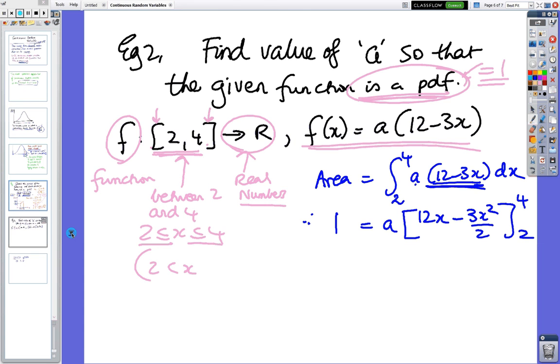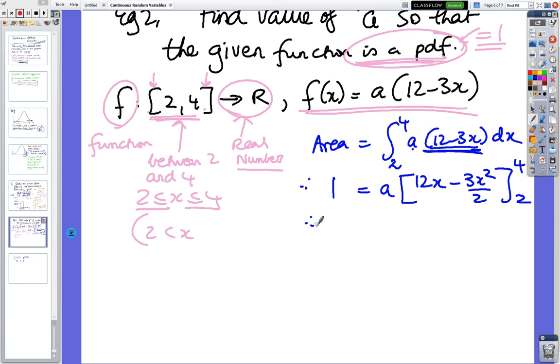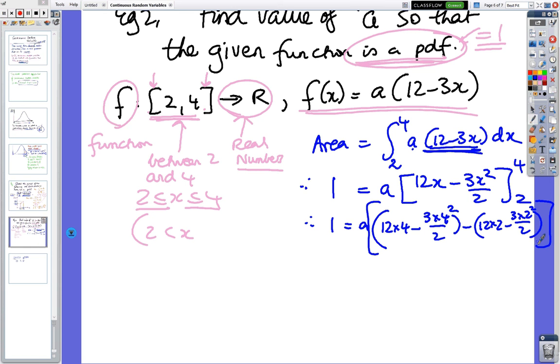We're just going to use our integration from the last semester. So 1 equals a times, 12 times 4 minus 3 times 4 squared over 2, minus 12 times 2 minus 3 times 2 squared over 2, all in brackets. So 1 equals a times, 48, 4 squared is 16, 16 threes are 48, 48 over 2 is 24, so 48 minus 24 is the first number, minus 12 twos are 24, 2 squared is 4, 4 over 2 is 2, 2 threes are 6, so that's 24 minus 6.